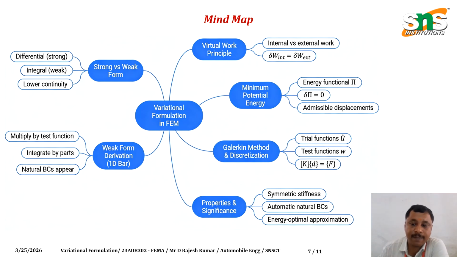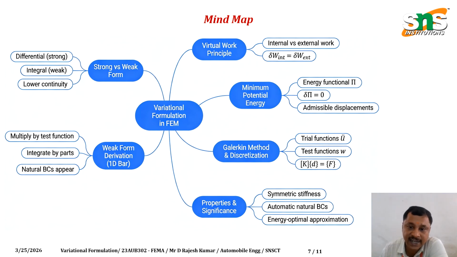So let us see the mind map finally. You can see the strong versus weak form and the variational formulation in FEM, right? Here the differential form is strong, the integral form is weak, right? And the variational formulation in FEM covers the weak form derivation for a one-dimensional bar: multiplying by the test function, integrating by parts, and natural boundary conditions appearing. Then the virtual work principle, that is internal work versus external work, and minimum potential energy, that is delta pi equals 0.